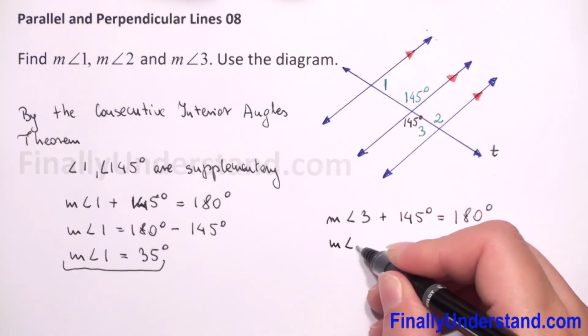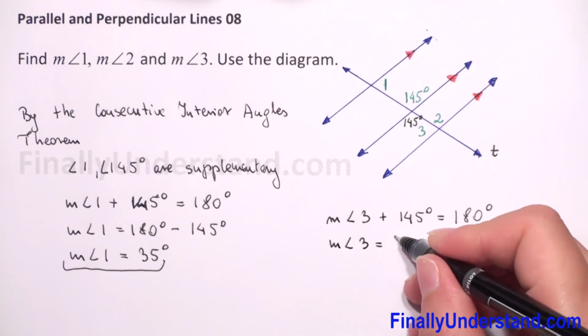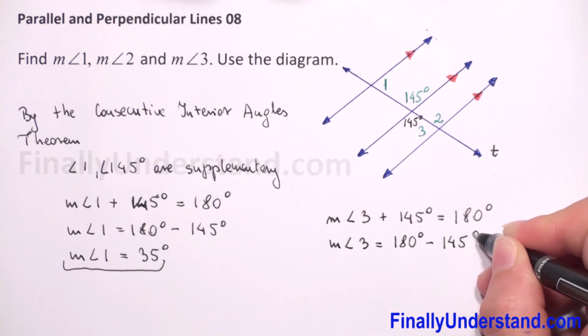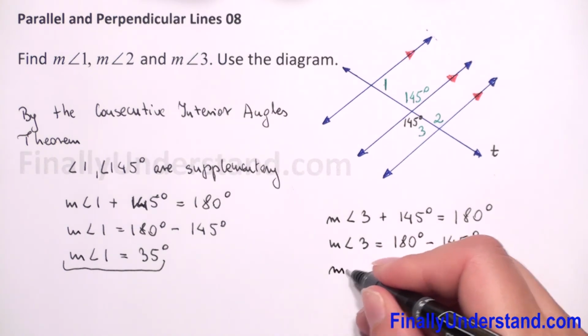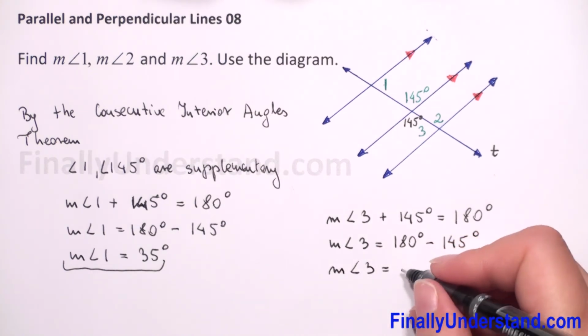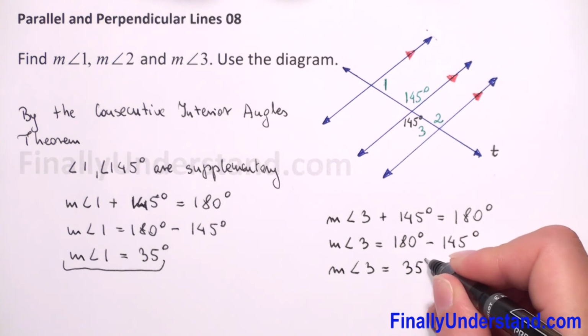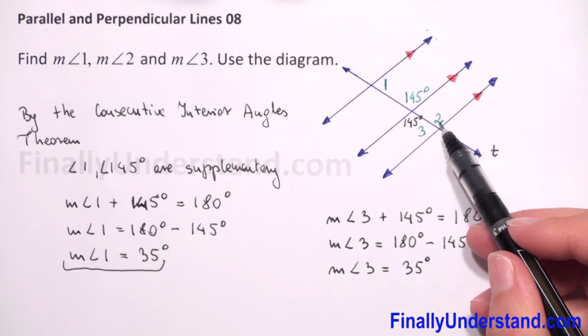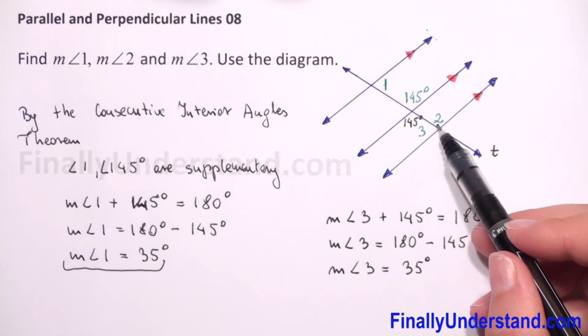So the measure of angle 3 is 180 degrees minus 145 degrees. So we have that the measure of angle 3 is 35 degrees.